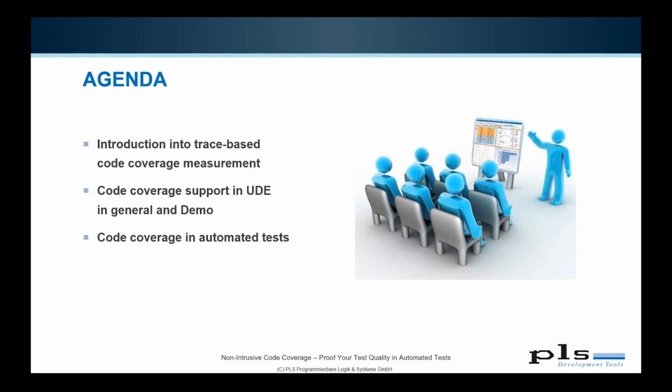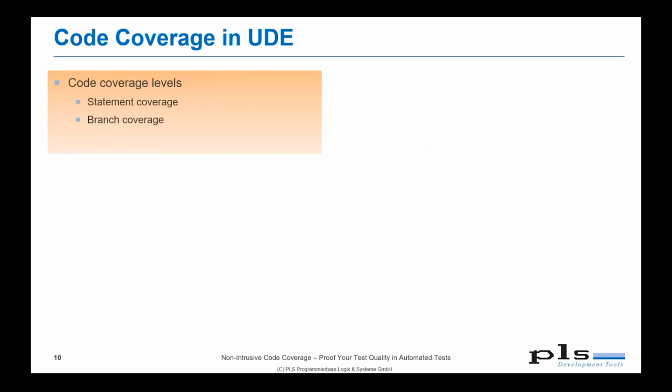So then it's time to have a look at the code coverage feature in UDE. We provide a trace-based code coverage in the debug tool UDE that can calculate two levels of code coverage: statement coverage and branch coverage.